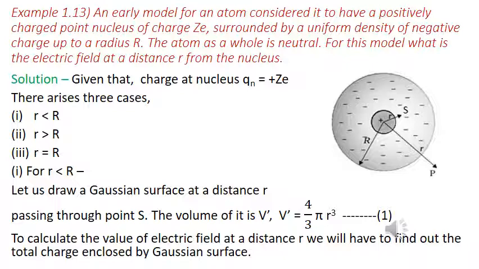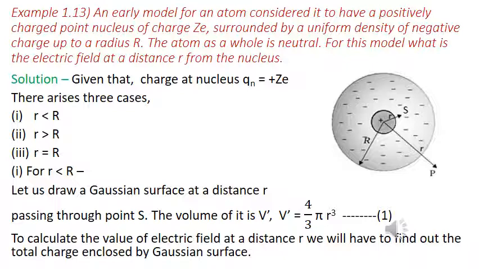In this question, it is saying that the model of atom is like a point charge nucleus having charge plus Ze, which is surrounded by the uniform density of negative charge up to radius R. That is, the negative charge is spread up to radius R around the nucleus.